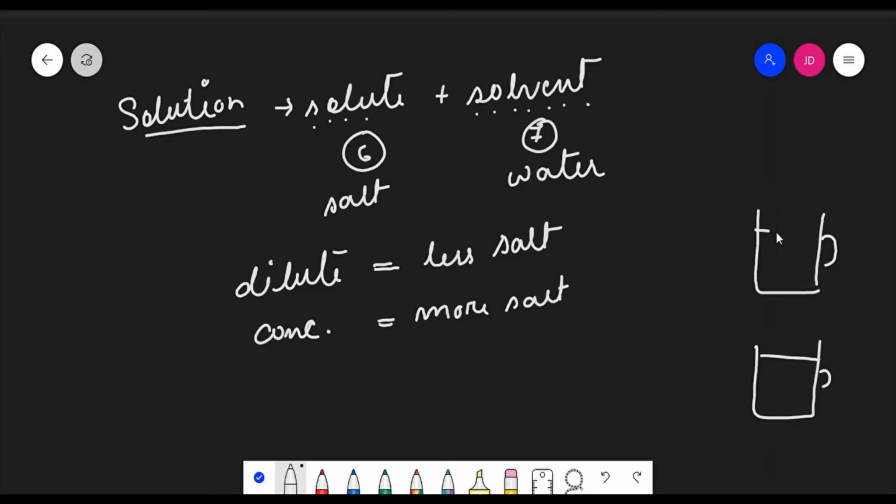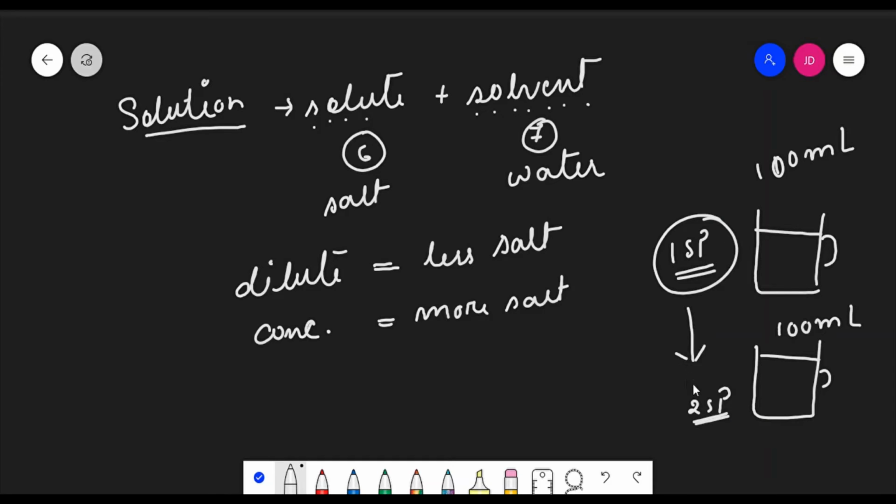Let us say 100 ml of water. Let's say here you're adding 1 spoon of salt. Here you're adding 2 spoons. So I can call this less salt, so less concentrated. This is more salt, so more concentrated. Or I can say this is dilute compared to this.